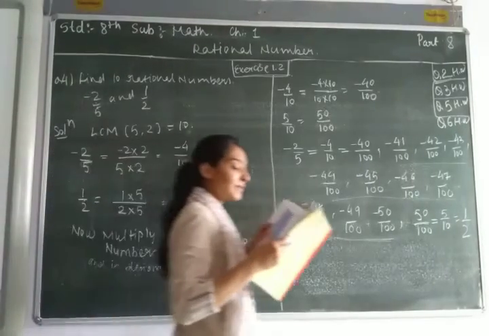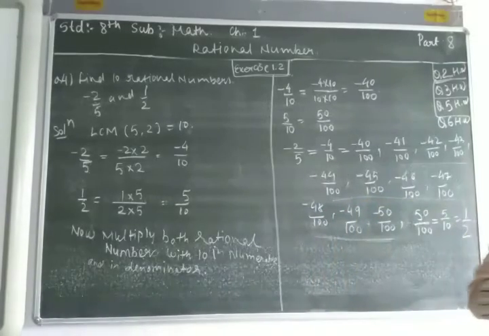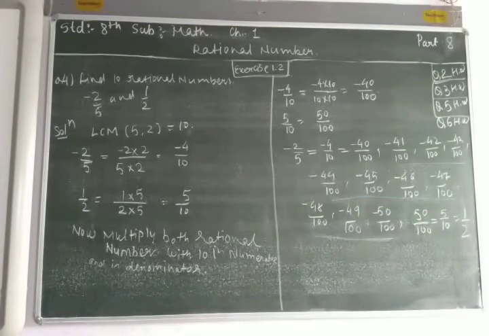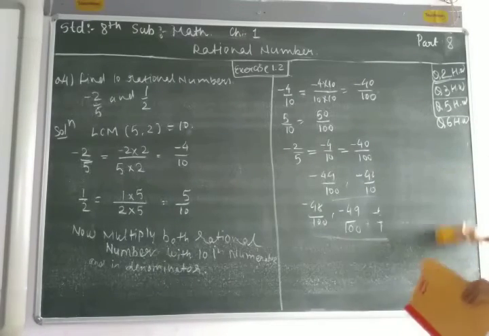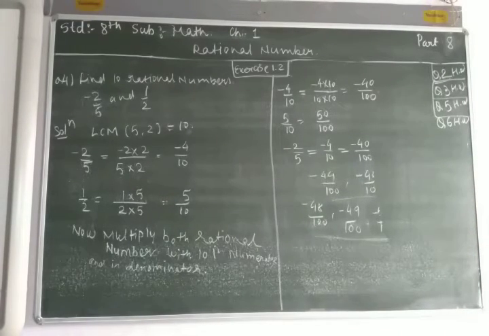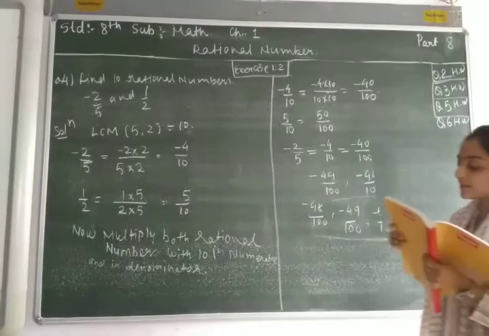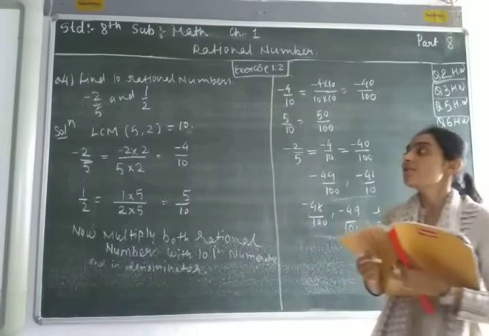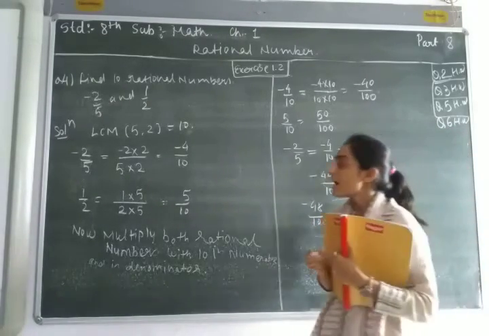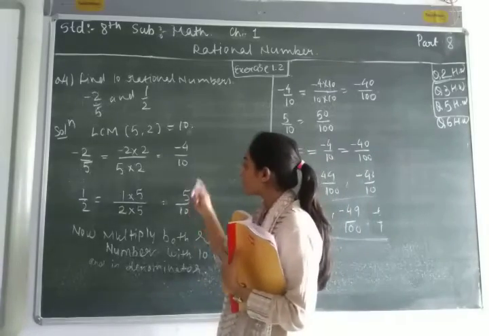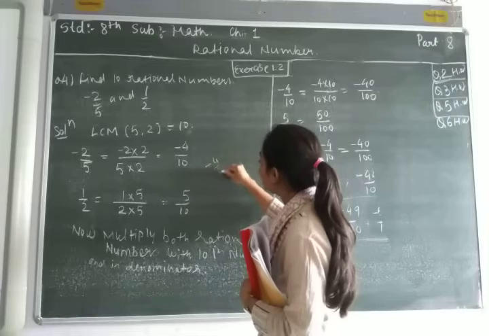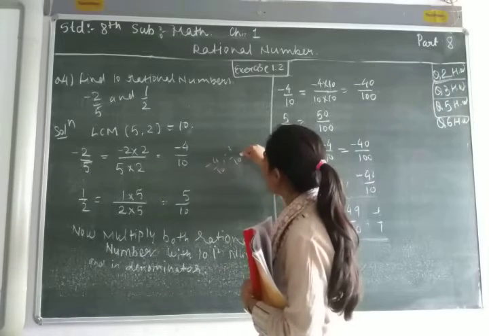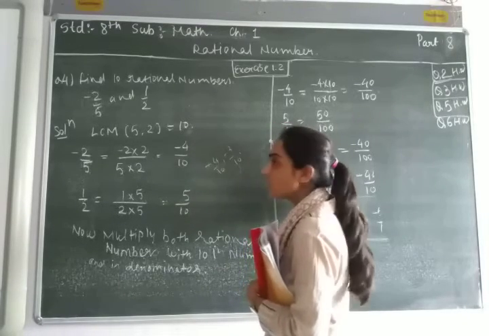Now, question number 7. Find 10 rational numbers between. Again, this question is exactly similar to this one. First, find the LCM. While finding the LCM, just count: can I directly write 10 elements?